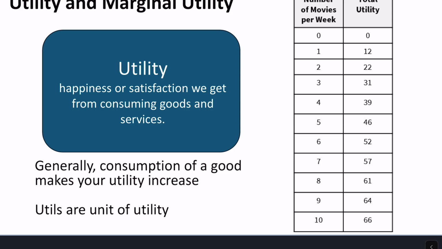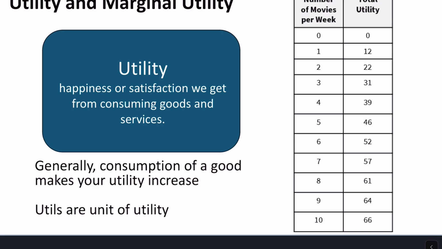So what we're going to do is build up a model of consumer behavior with utility and utils, such that it might mimic people's actual choices in the real world. As long as our model fits the data of how people actually behave, then that's a good enough model. It doesn't have to be exactly what's going on in the real world. Models are abstractions and simplifications of the world, and our models are going to do the same thing by using these utils.